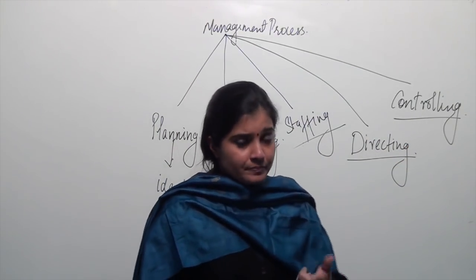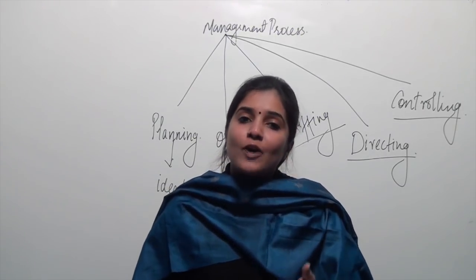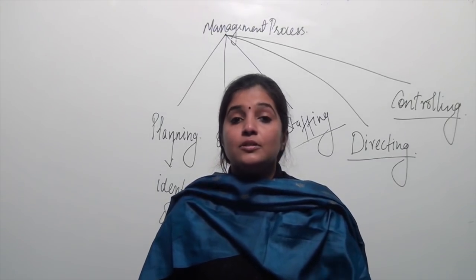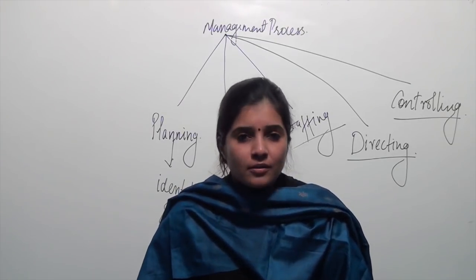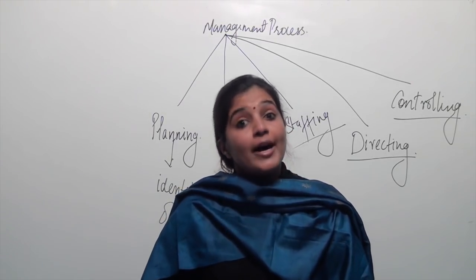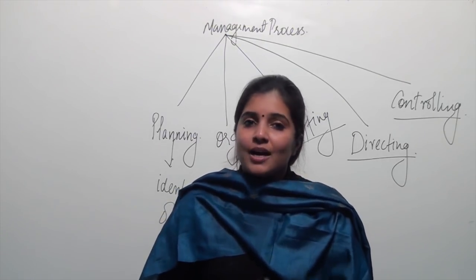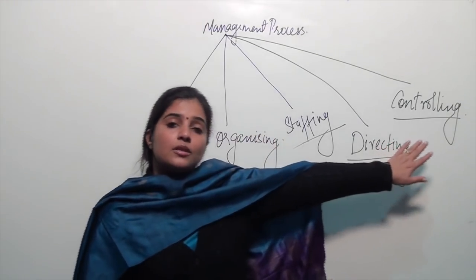Am I really working towards the accomplishment of the organizational goals? Or how far have I been successful in accomplishment of the organizational goals? If I have been successful, good. If not, where am I deviating? Why am I deviating? And what steps should I take so that I do not deviate? This is what comes under controlling.